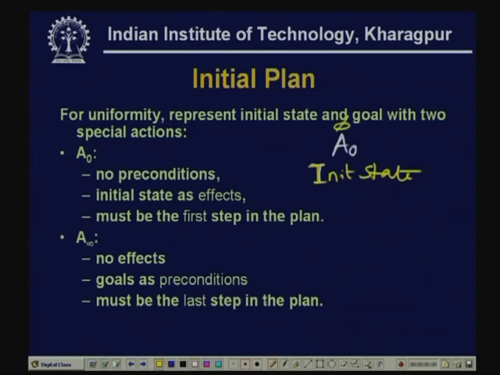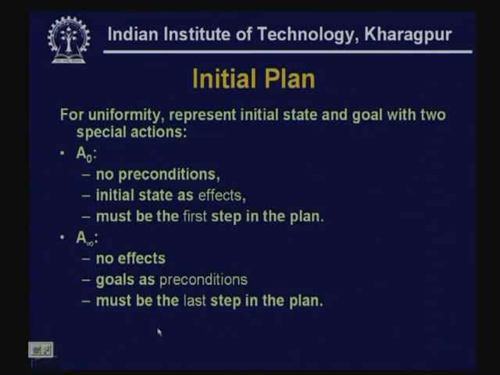We also introduce an action A infinity whose preconditions are the goals and it has no effect. A0 must be the first step in the plan and A infinity must be the last step in the plan. So, this is what we constrain any partial plan to have: A0 as the initial action, and A infinity as the final action.